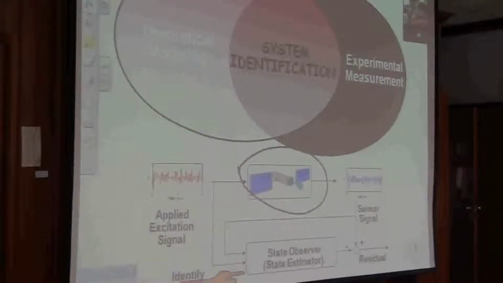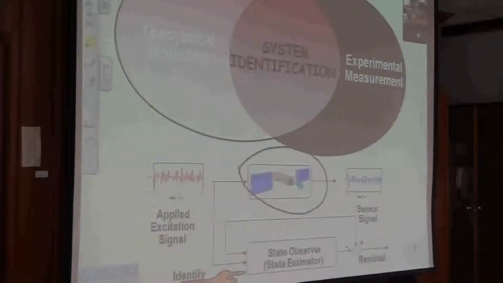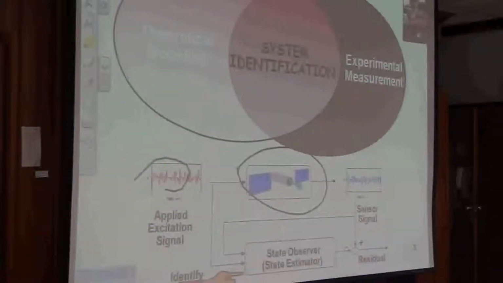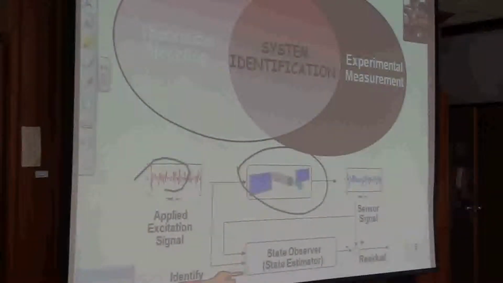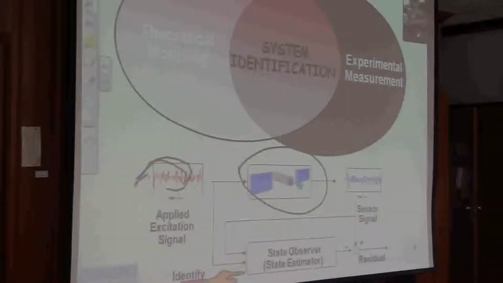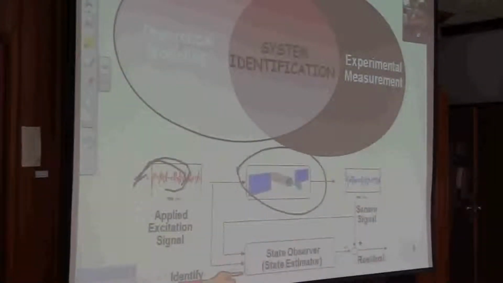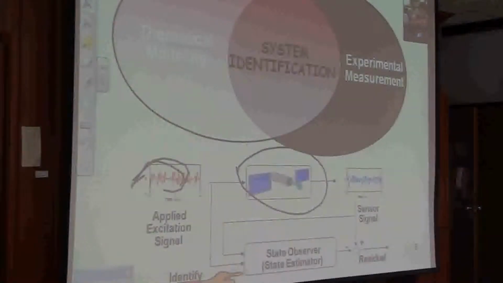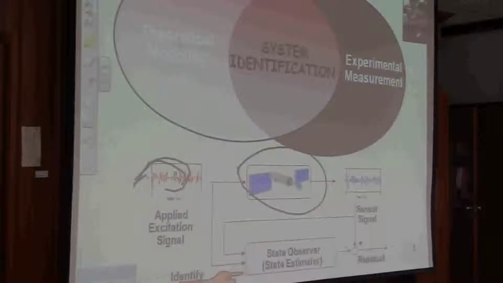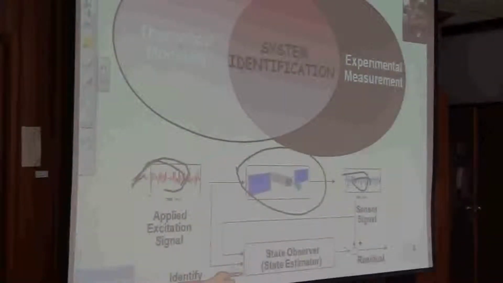The next important piece of this diagram is this piece. What is this part? Yes, the input. And this is the output.